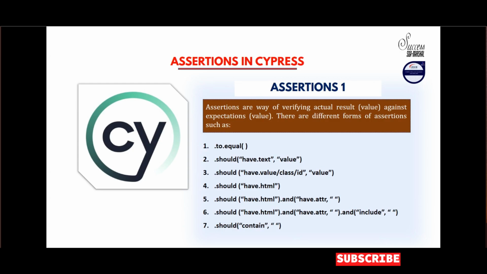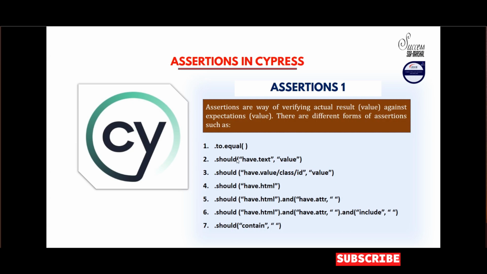In this part, we are going to look at assertions: to equal, should have text, should have value, should have class, ID, should have HTML, should have attribute, include, and should contain.